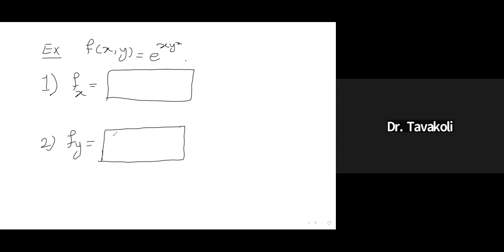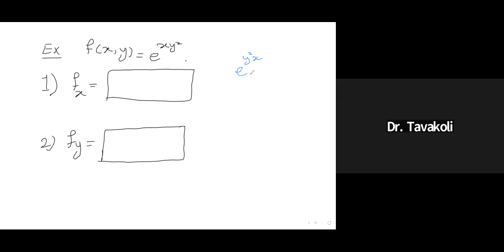Let me explain this in more detail, just as a reminder of how we use chain rule. So for part 1, I assume that y squared is like a constant, so I can rewrite the function as e to the power of y squared x. Just y squared is a constant.